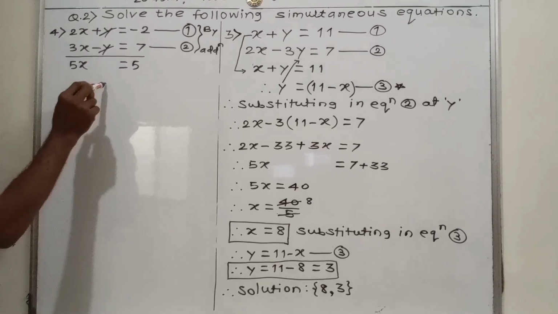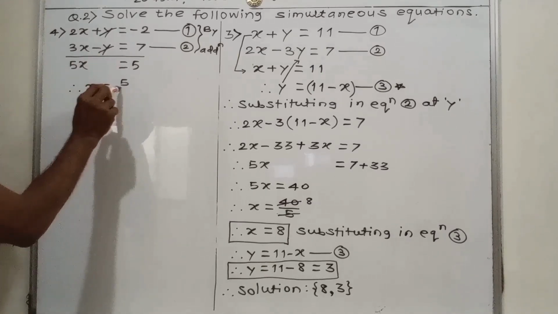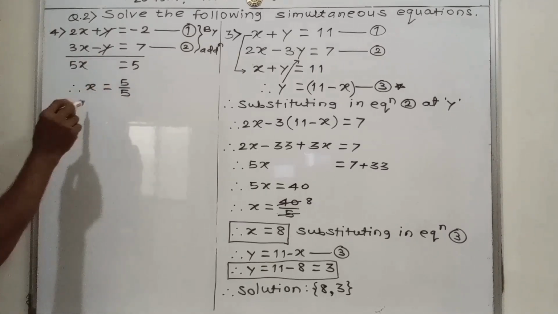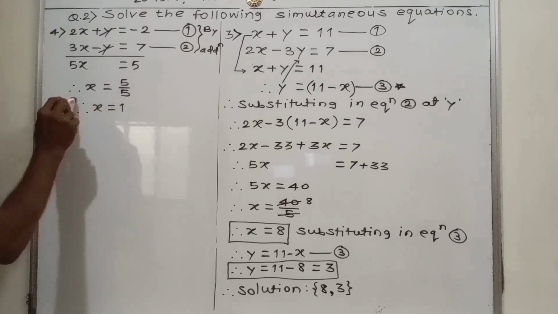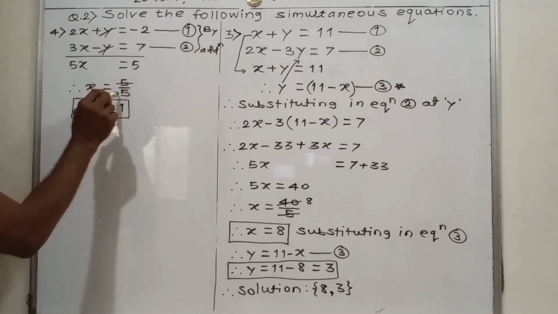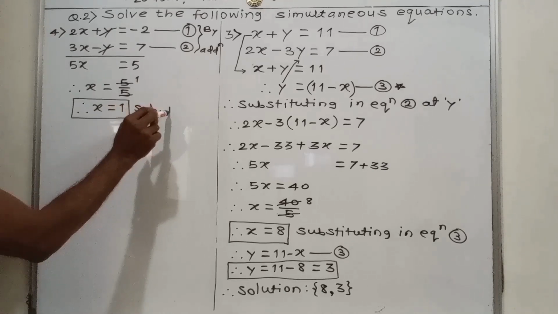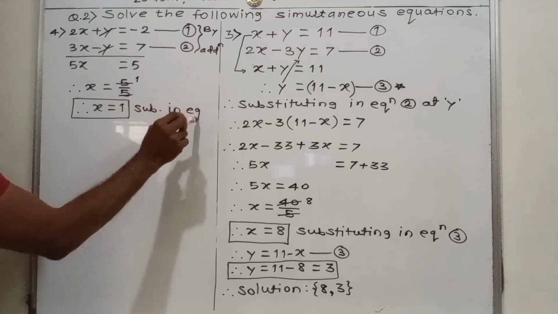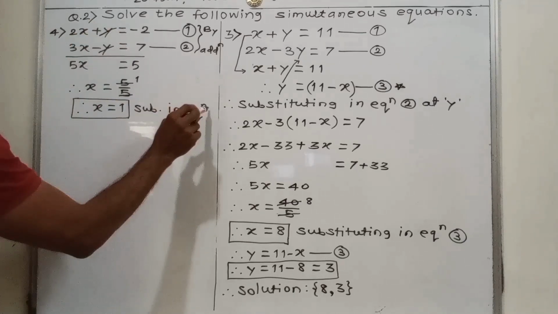Therefore, x is equal to 5 upon 5. Therefore, x is equal to 1. 5 ones are 5. Did you get it? Substituting in equation 1.